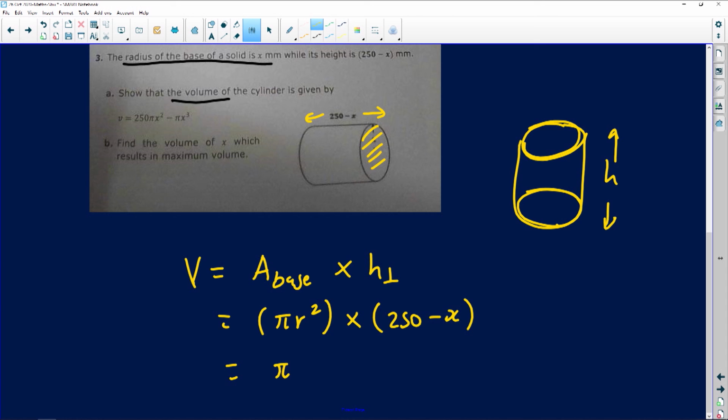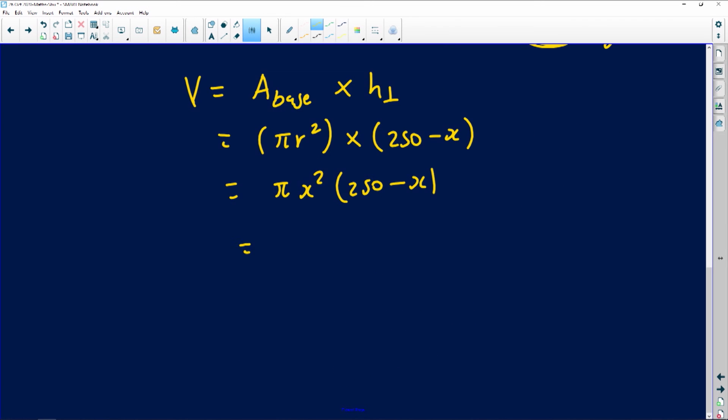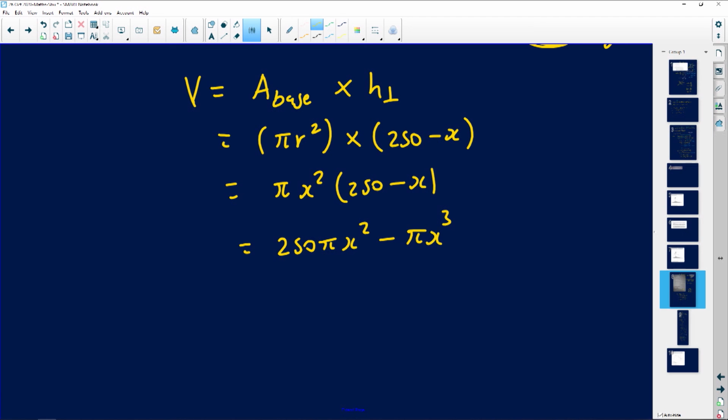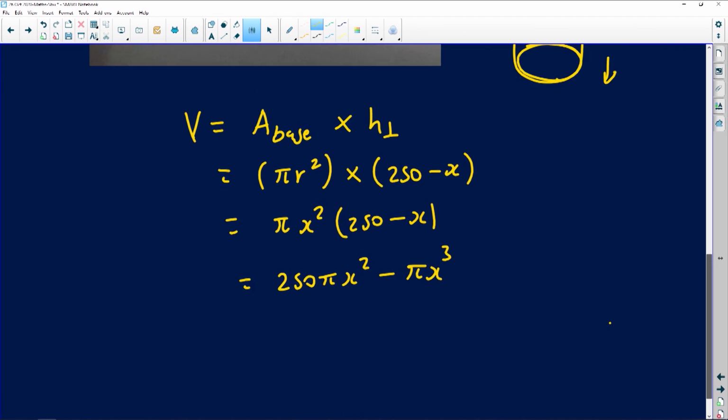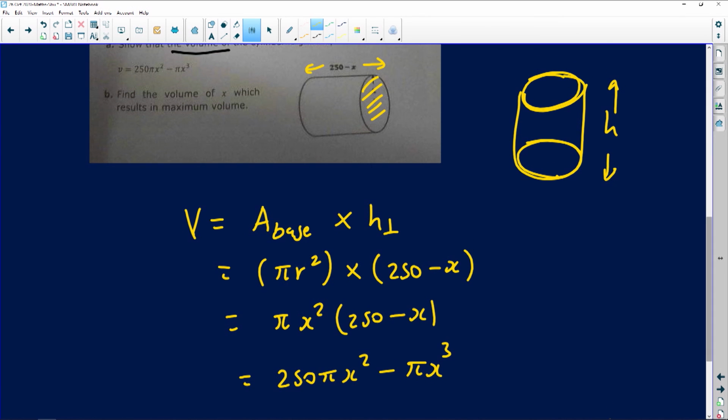I'm looking at pi x squared times 250 minus x, which when you multiply, you're going to get 250 pi x squared minus pi x to the power of 3. That's actually what we end up with as the solution to this, which is exactly what we were required to do. Remember, they said show that the volume of the cylinder is given by 250 pi x squared minus pi x cubed.